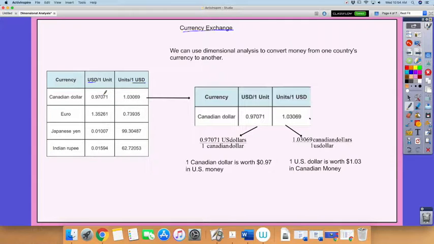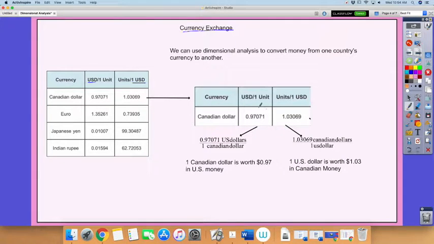Now what they've done in this table is they've actually broken it down so that we have the US dollars per 1 unit, or they've broken it down into the units per 1 US dollar. So they've changed it, and they've already done the division for us. But I want us to look closer at what this is really saying.